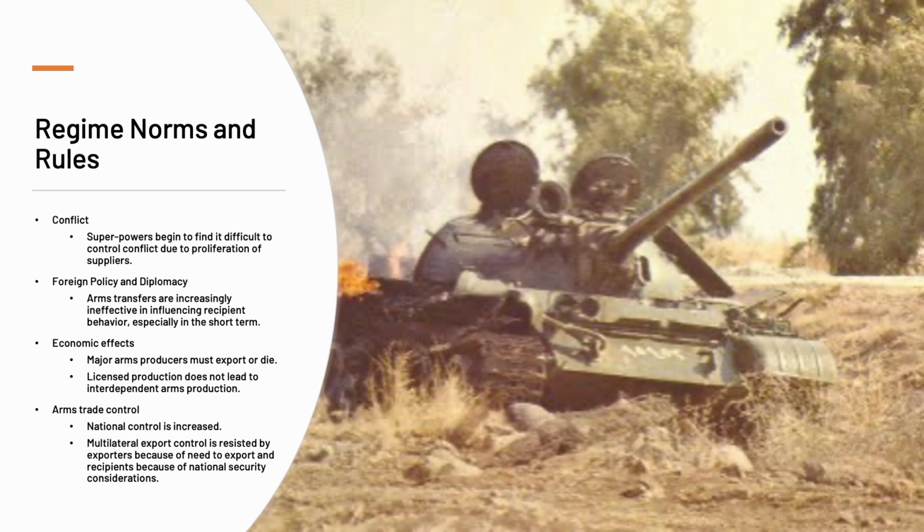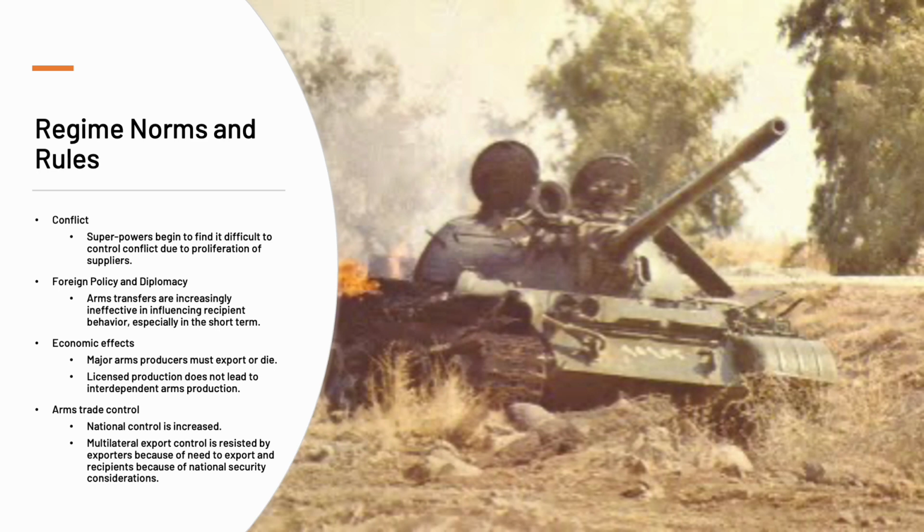What that essentially means is because there's so many more suppliers of arms out there, major arms producers have to export, or they're not going to have enough money to keep the production and research and development going. So not only is the international arms transfer system becoming more competitive because there's more suppliers of arms, but we also have to keep in mind that arms are becoming increasingly technologically advanced.